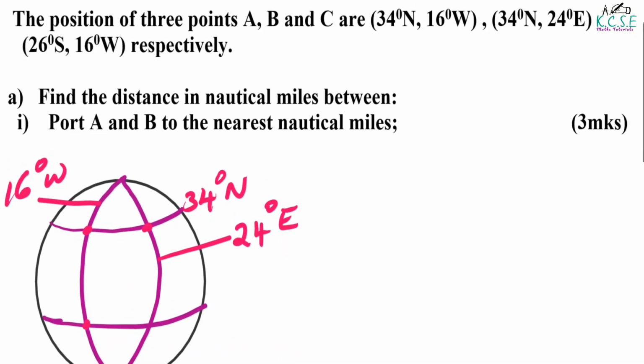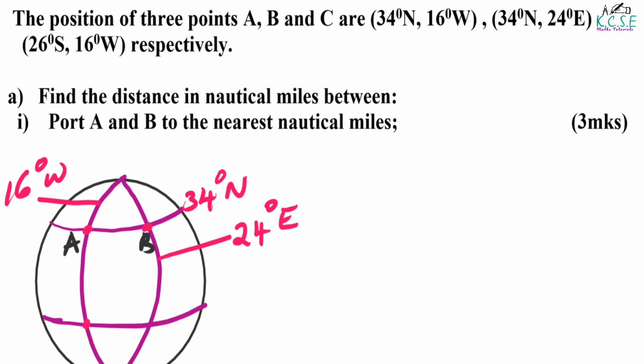So looking at what we have, the position of A is 34 degrees north, 16 degrees west. So this is position A. Then B is 34 degrees north, 24 degrees east.